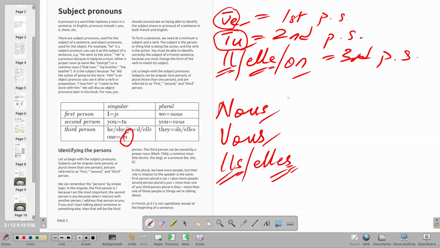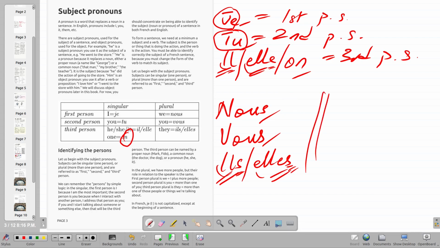You're going to be wondering, how am I going to be able to distinguish when somebody is saying il singular or ils plural, or when somebody is saying elle singular or elles plural? Don't worry, we'll get to that. We will use other techniques like liaison and things like that, the ending of the verb and all that, to identify that. Don't worry, we'll come back to that.